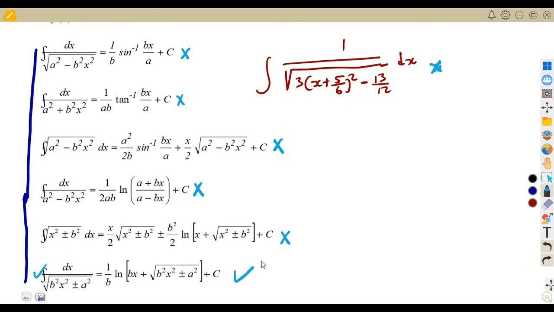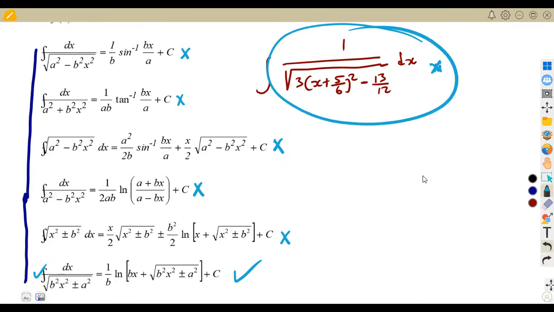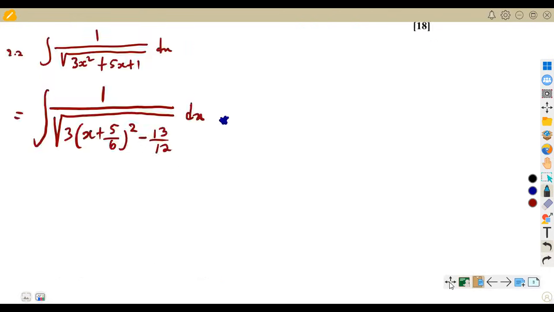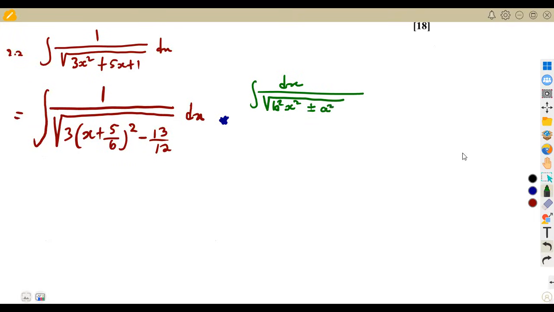All right, so we're going to take this formula so that we'll be able to integrate this. I'm just going to rewrite that formula again. Remember, our formula states that the integral of dx over the square root of b squared x squared plus or minus a squared is equal to, I'm just going to take that formula as it was from the last formula I showed you.